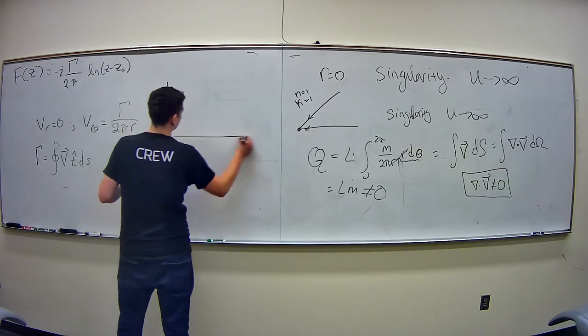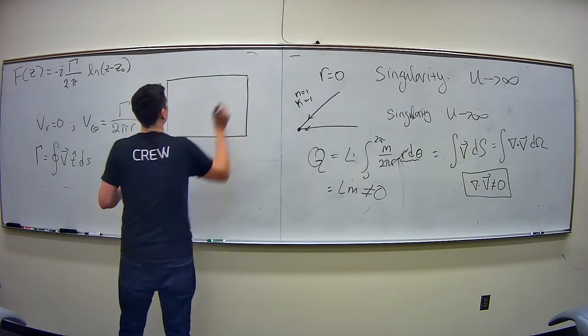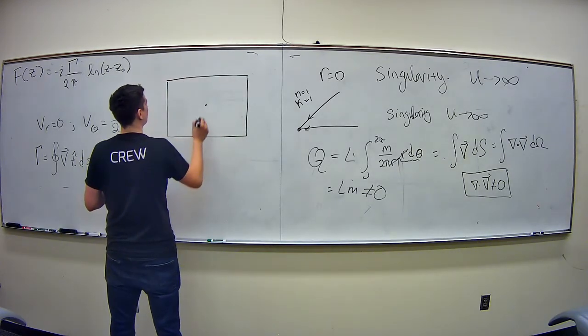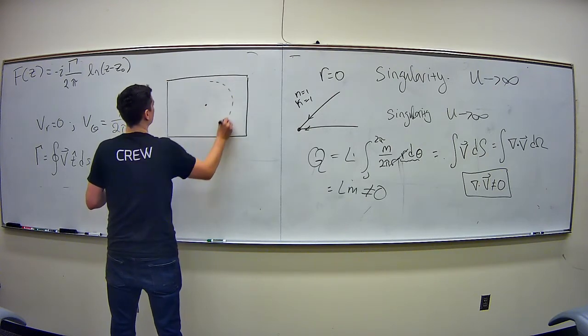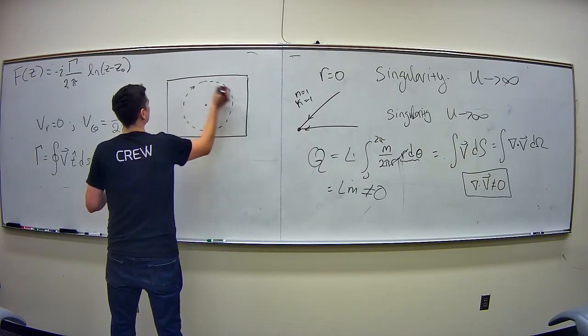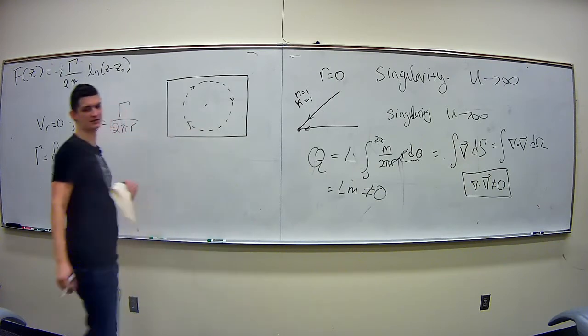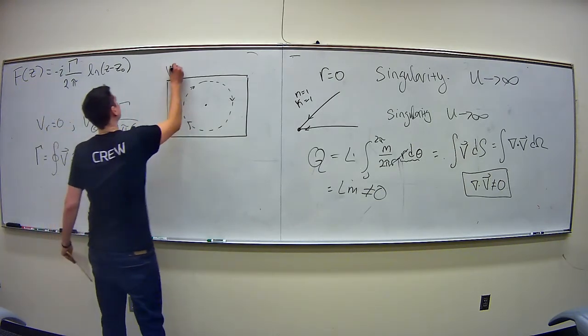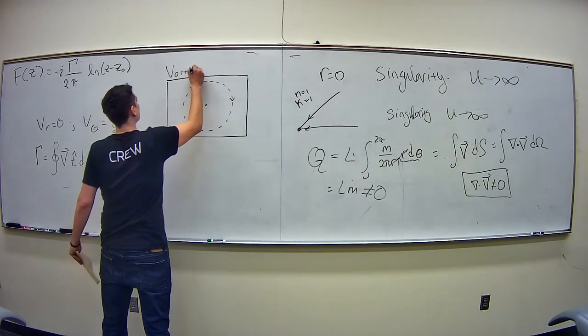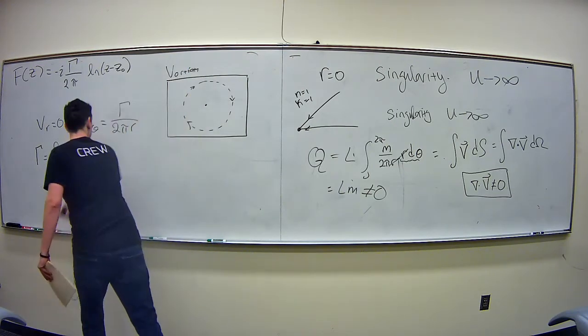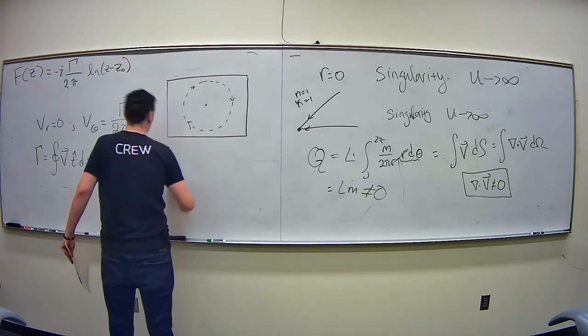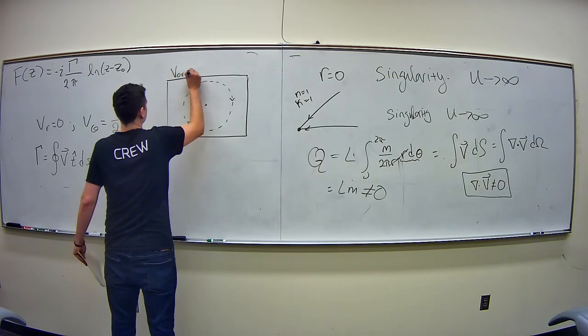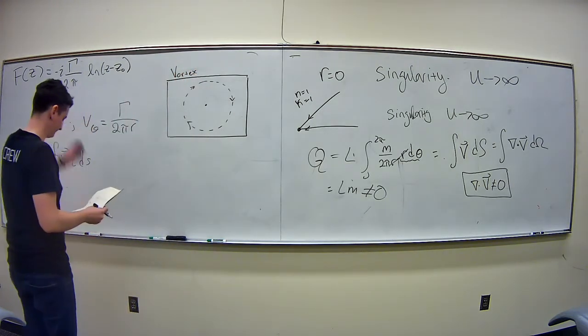Remember, there's this curl and stuff like this. If I look down in my vorticity, here's the singularity point, and I just have swirling flow, so this is a vortex.